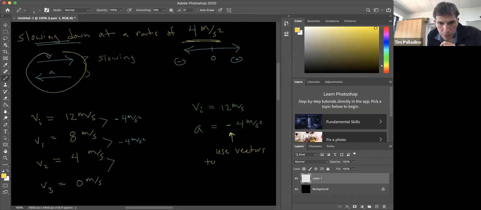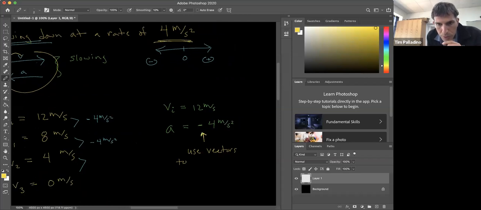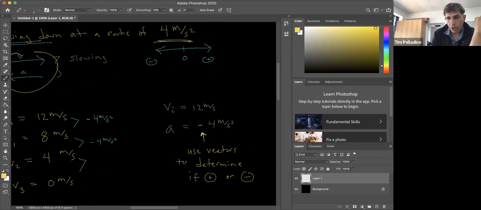Use vectors to determine if this is a positive number or a negative number. So in this case, you see we have the velocity vector pointing in the positive direction. The acceleration vector points in the opposite way, so that's the negative direction.